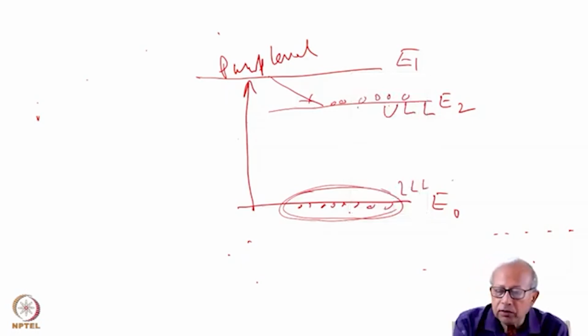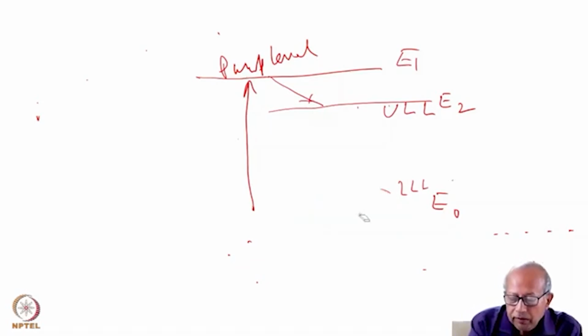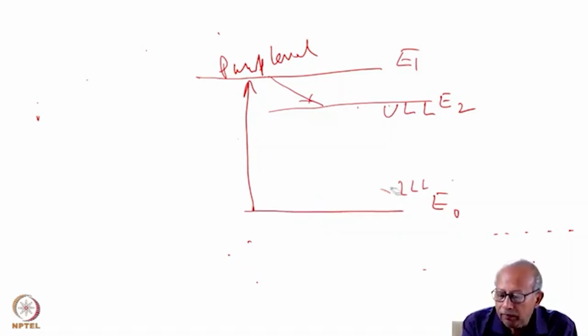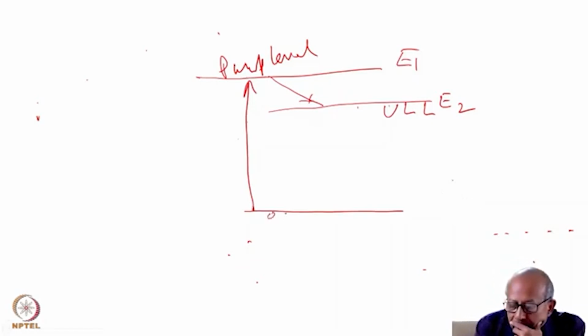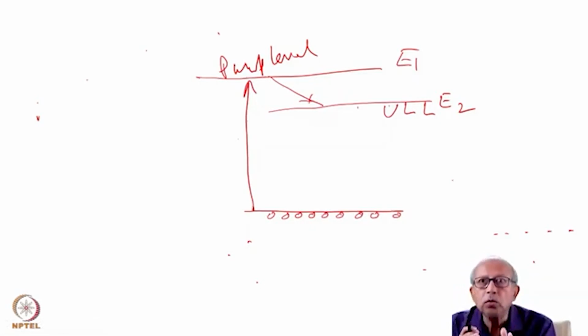Actually, to appreciate this point, let us consider a very simple case. That is our lower level, which is also the source level. In the beginning, suppose we have 9 atoms. Although we are saying atom, the inference that we draw would hold true for any other species, like molecule, ion, or whatever makes up the species of the active medium.